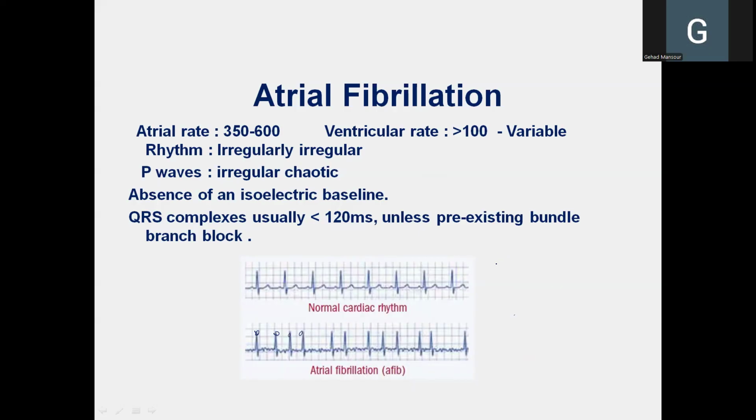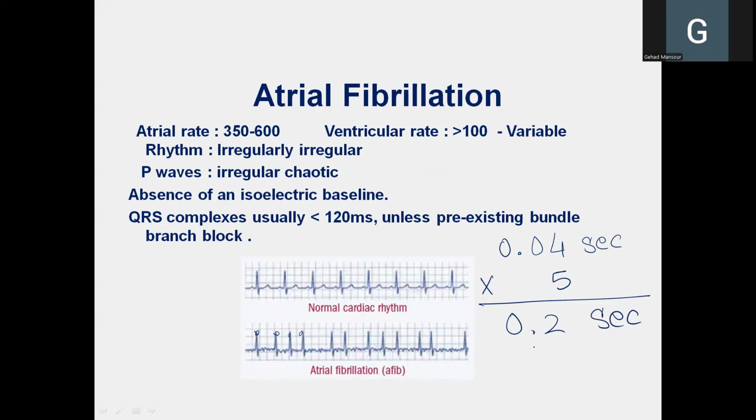In such a case, we should refer again to the small squares. Every small square is 0.04 seconds, and every big square is 5 small squares. So the big square is 0.2 second.